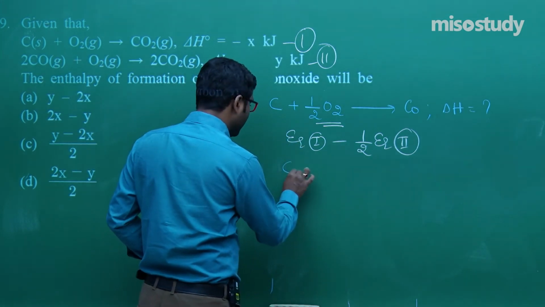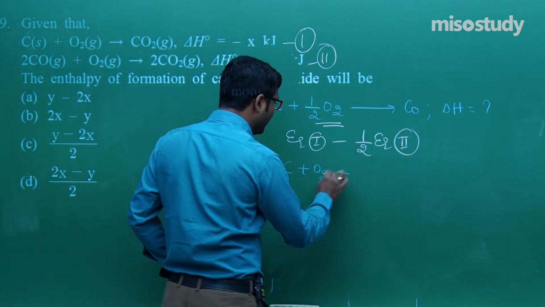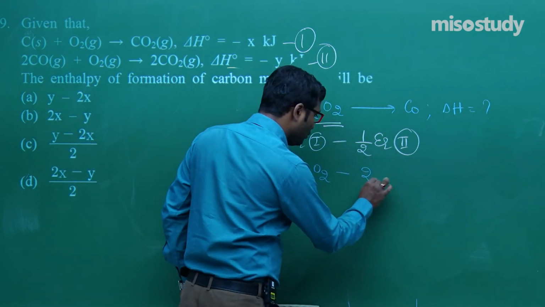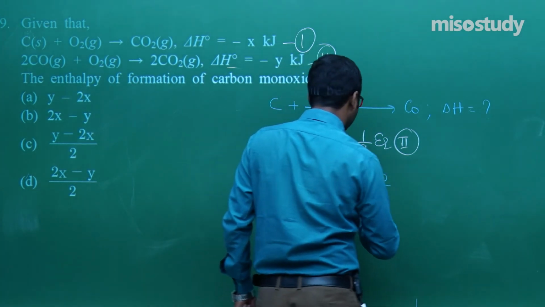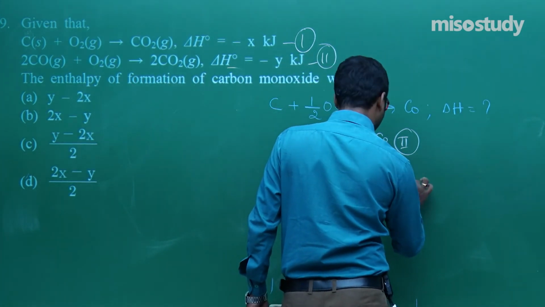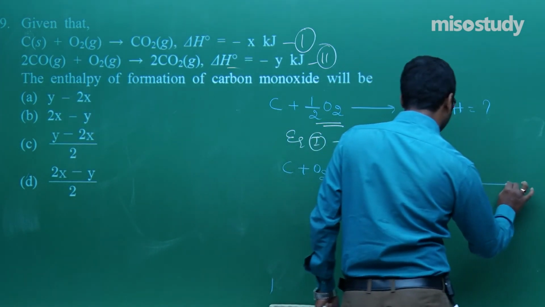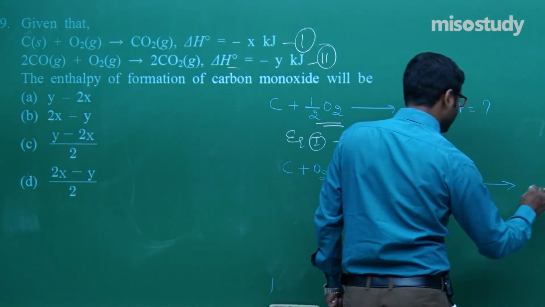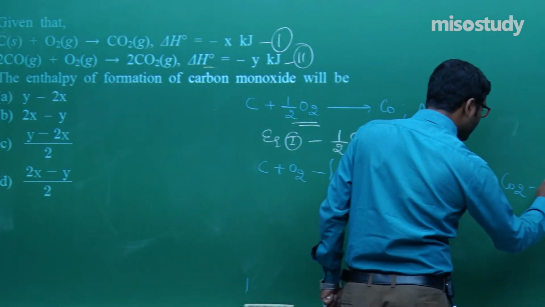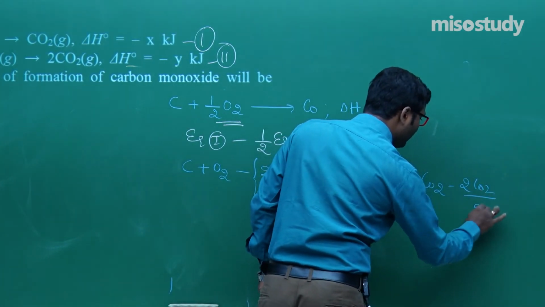That is C plus O2 minus, what is equation 2? 2CO divided by 2, then plus 1 by 2 O2. Clear to you? Now on the right hand side, what is CO2 minus 2CO2 divided by 2.